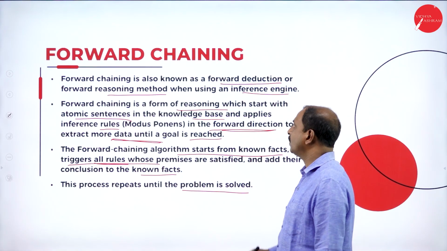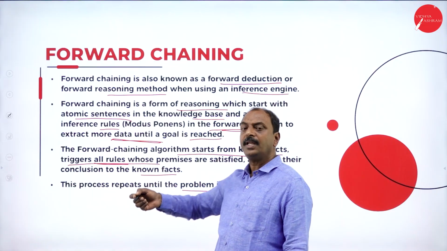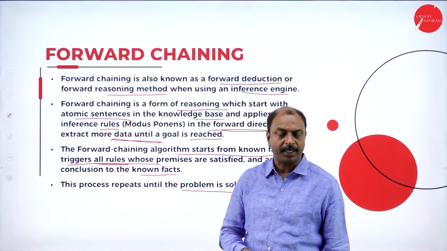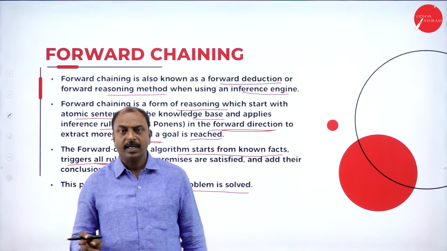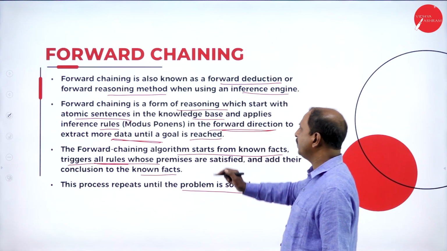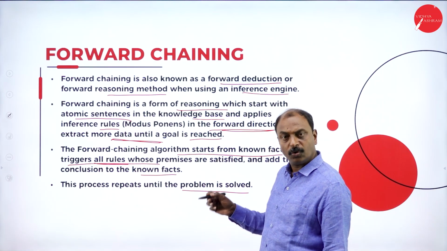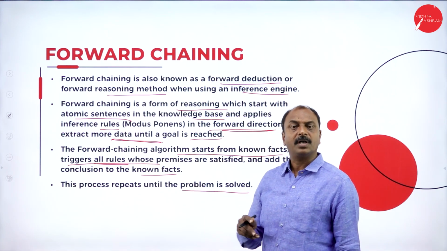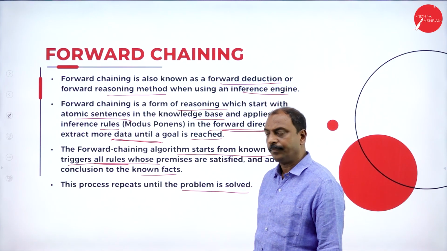So it is an algorithm that starts from the root node or start point and moves towards the goal node in the forward direction, applying different logical rules on the knowledge base and known facts to derive new information or new sentences. That is the definition of forward chaining.